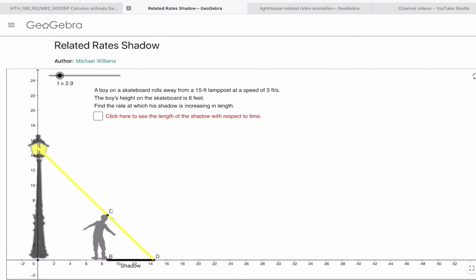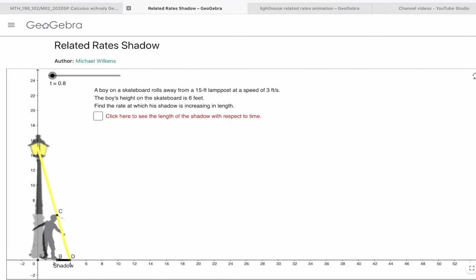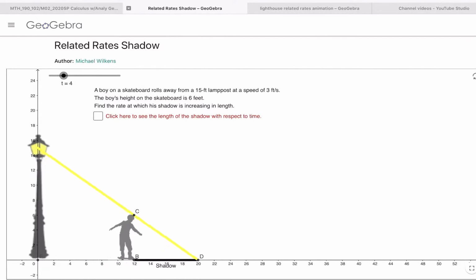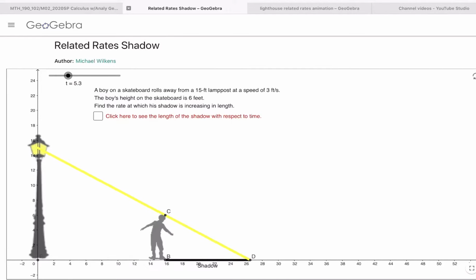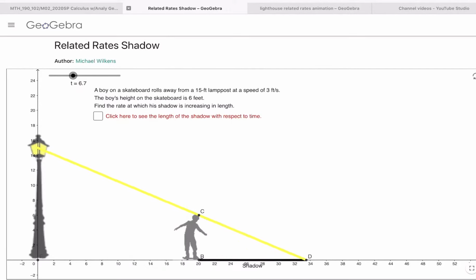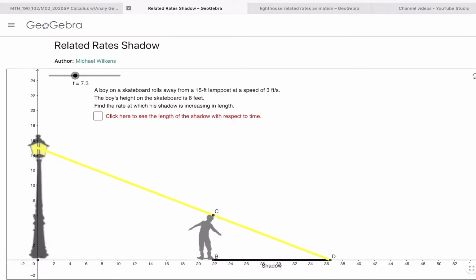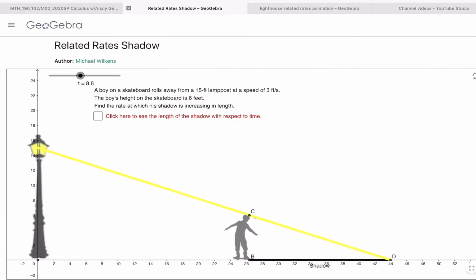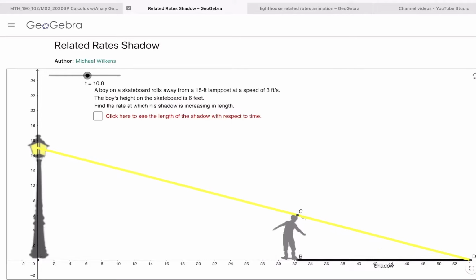And then you also want to look at the tip of his shadow, the very tip, point D. Point D is being affected by two things: both how fast the length of his shadow is increasing, but also how fast he's actually moving to the right.